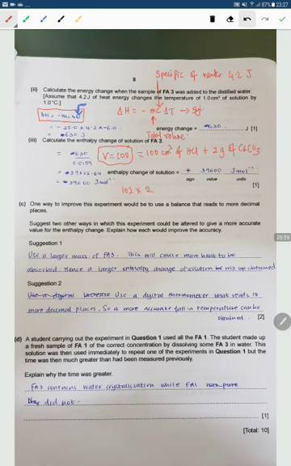So 102 is wrong, and 2 is also wrong. The only answer we're looking for is 100. So remember that the V in the equation stands for the total volume of the solution. In that case, it was properly calculated.